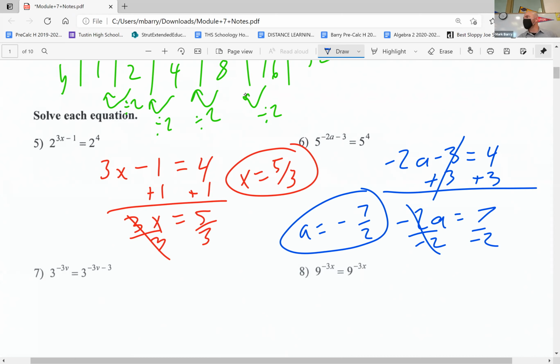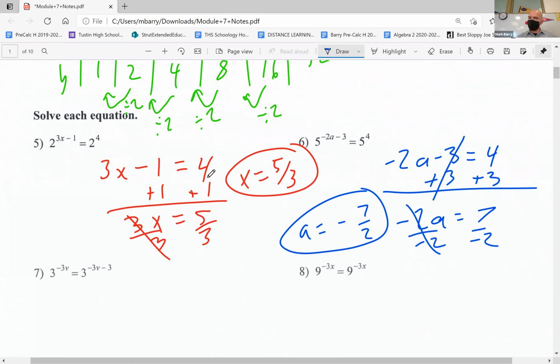I got 7 over -2. Usually when they have a negative on the bottom of a fraction, they just throw that in front of the fraction. So they're saying the whole fraction is negative. If you did put it down there with a 2, that's fine. But on multiple choice, they're going to put the negative in front of the fraction, okay?